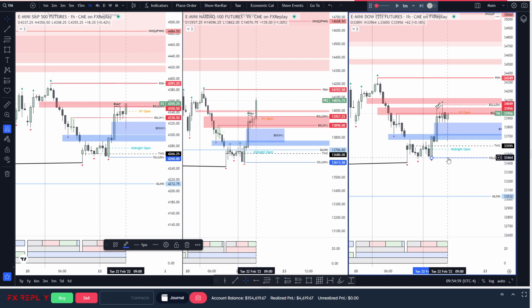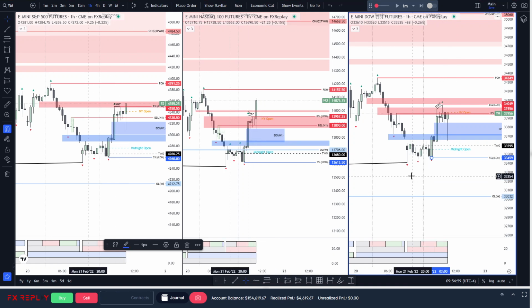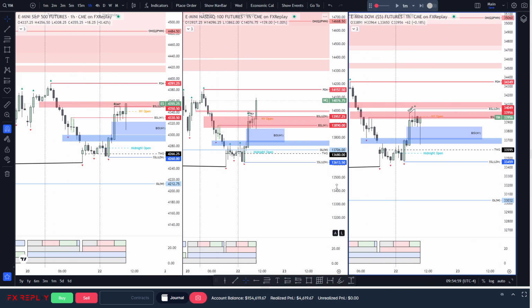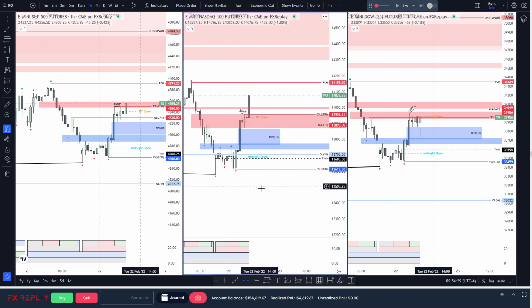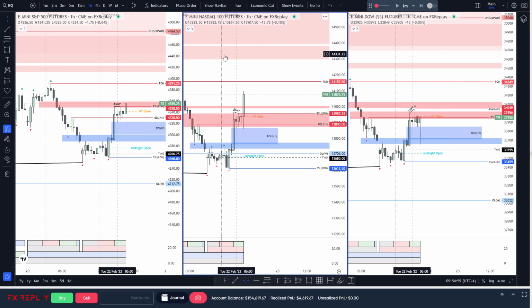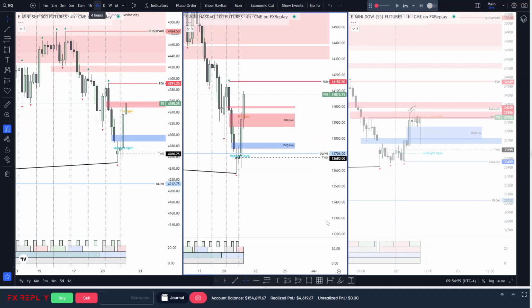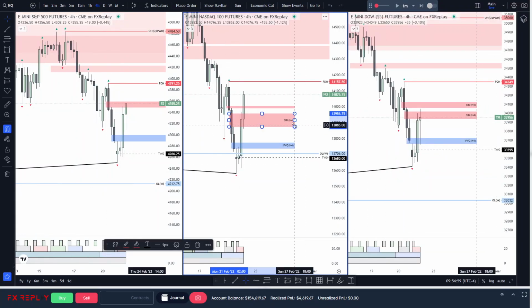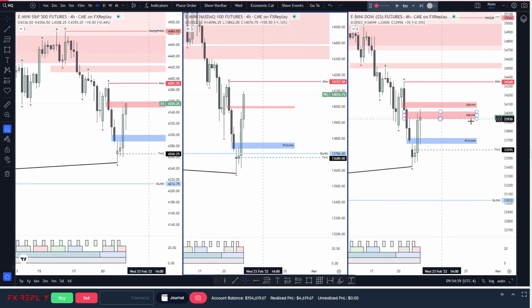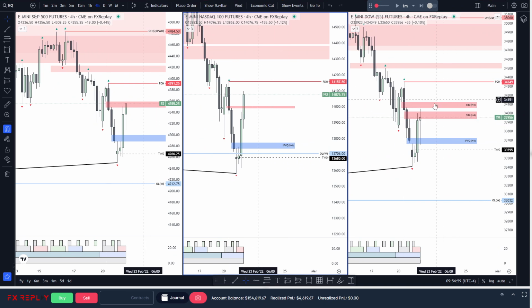Again, I just kind of like the applicable key price levels per time frame to be available. Okay, so as I said, we traded through. So it's looking increasingly likely that we're trading up into this previous day's high.